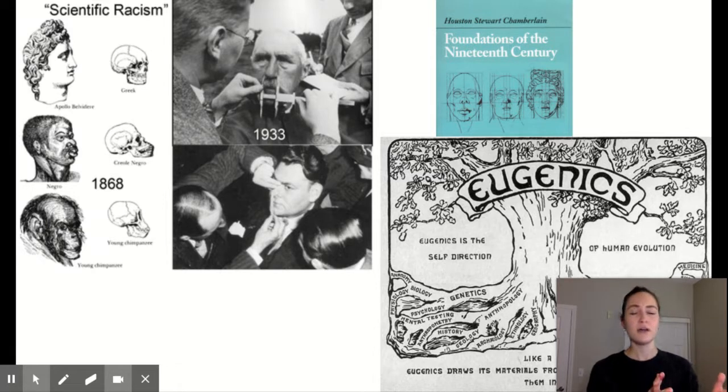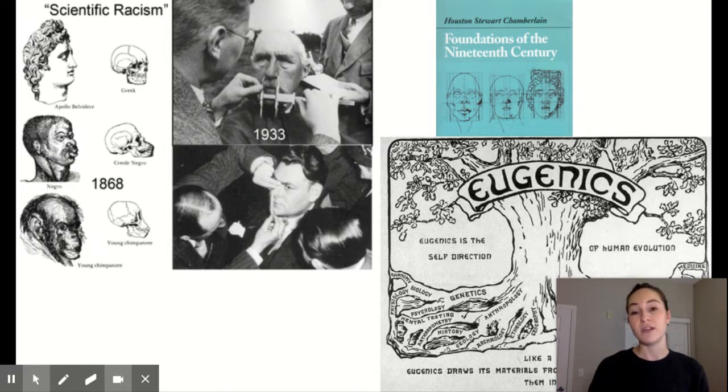But it gets worse, unfortunately. In some places, including in the United States and in Nazi Germany, people were actually prevented from having children through forced sterilization. What that meant is that people were put into hospitals or into surgeries to literally physically prevent them from being able to have kids. That could be through a chemical castration process or a physical removal.